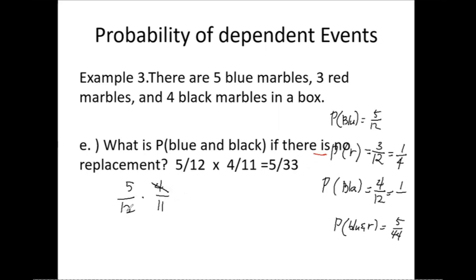So cancel na itong dalawa, magiging 1 out of 3. So therefore ang ating answer, 5 times 1 is 5, 3 times 11 is 33. So the result is 5 over 33. That's the probability of blue and black. And that is 5 over 33.